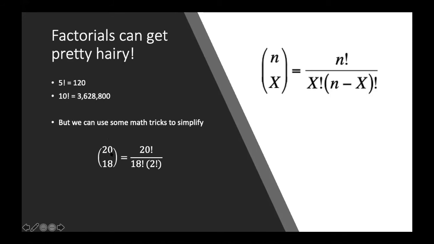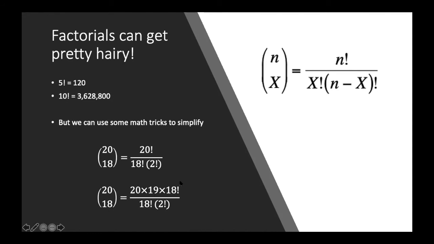To calculate this 20 choose 18, we would need to calculate 20 factorial divided by 18 factorial multiplied by 2 factorial. If we calculated each of these factorials separately, we would be getting some pretty huge numbers. But we're going to use a little trick instead. If you remember what our meaning of 20 factorial is, it's 20 times 19 times 18, and so on.